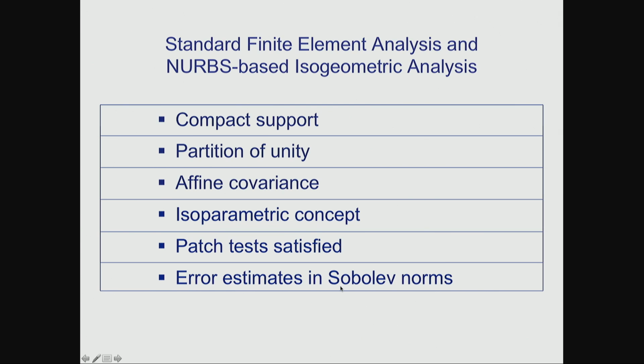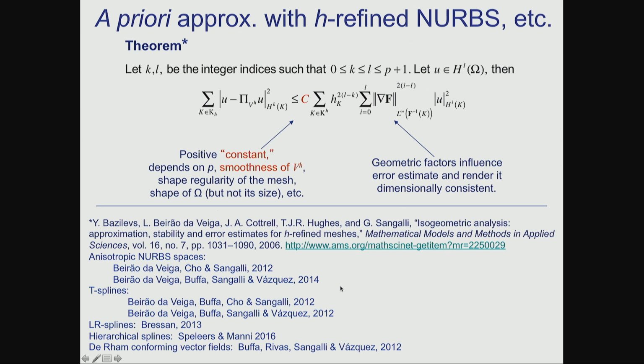And again, that scares some people with a classical finite element background, but you can get optimal error estimates in Sobolev norms. And that began with work that we did some years ago with Giancarlo Sangalli, who's sitting over here, and other colleagues and students. And if you look at this error estimate for the basic approximation result for h-refined NURBS, it looks very much like a finite element result.